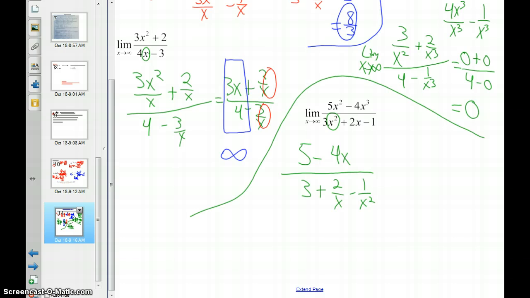All right, as these x values get really large, that term goes to 0. That term is going to go to 0. We're looking at 5 minus 4x over 3. Again, we're essentially left with a linear function. So the question is, what is this function going to be doing as these x values get really large?